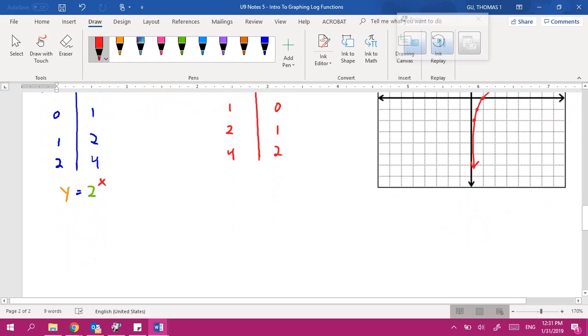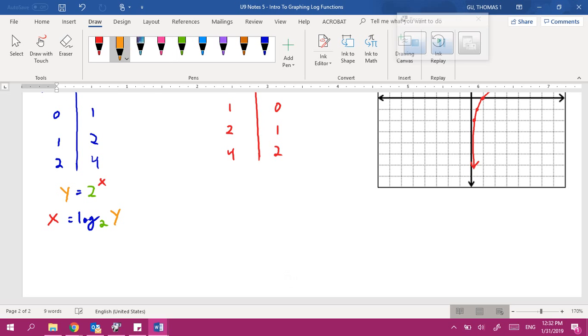So what would the logarithmic form of this be? 2 to the y. Hang on. That is not changing to logarithmic. Remember, we're trying to... Right, x equals... Yes, log base 2 of y.